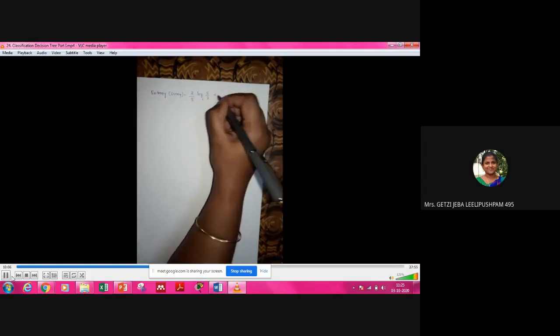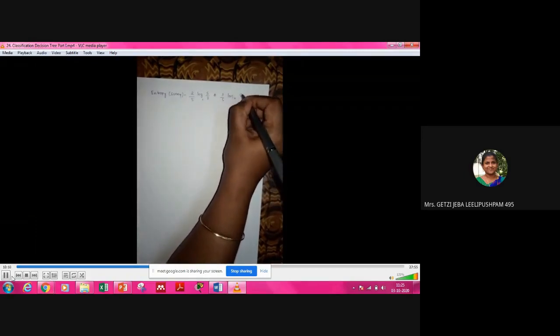The entropy of sunny is 2 out of 5 log 5 by 2 plus 3 by 5 log 5 by 3. So again this is 0.971.